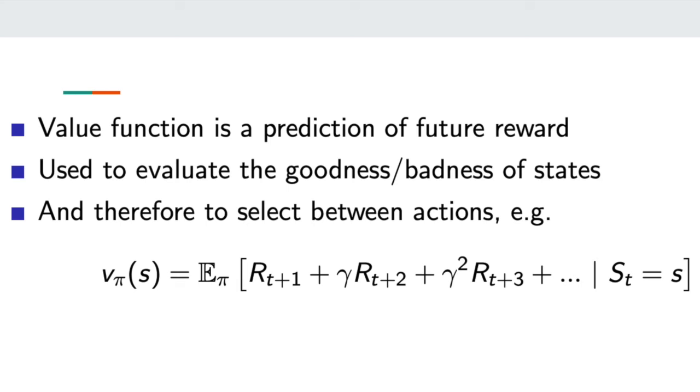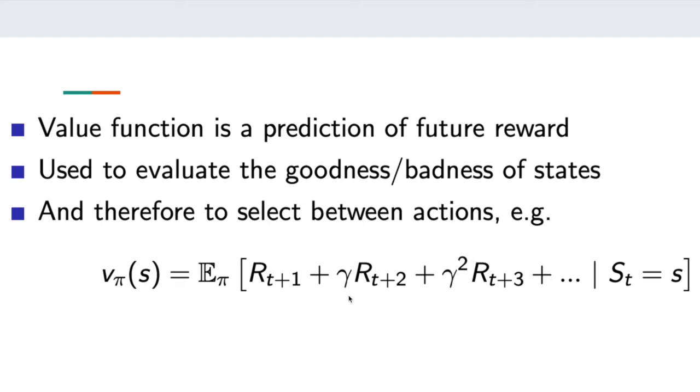So this is the mathematical formalization of that, where the formal definition is the expected return of the reward given this state. And so that's going to be the current reward plus the reward on the next time step multiplied by some discount factor, and then the reward on the next time step after that multiplied by the discount factor squared, and so on.